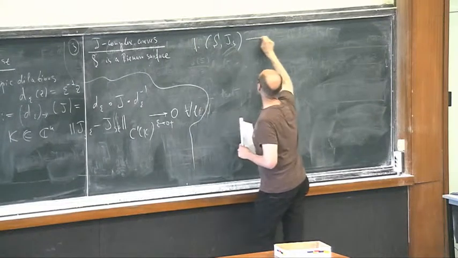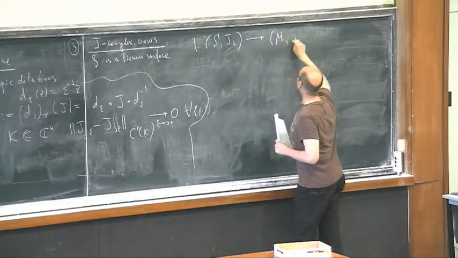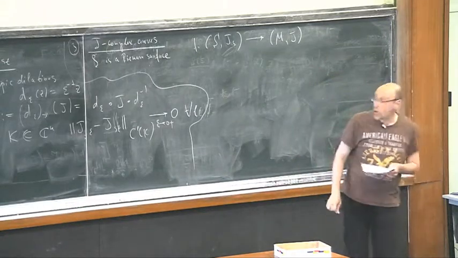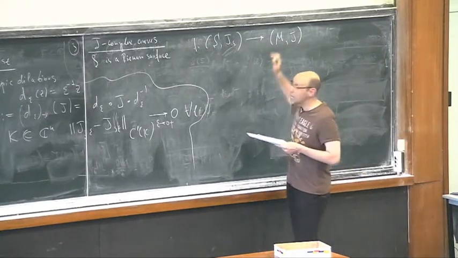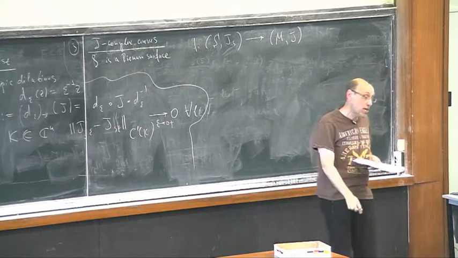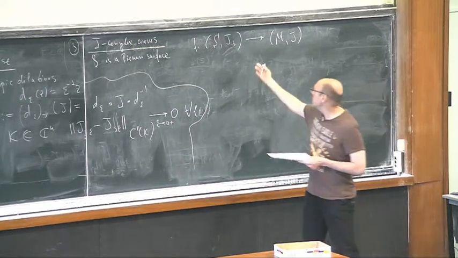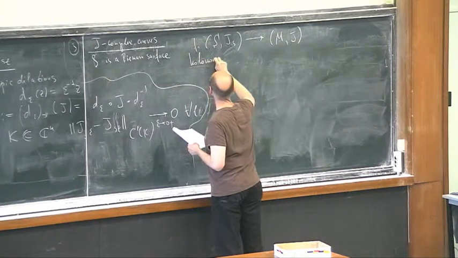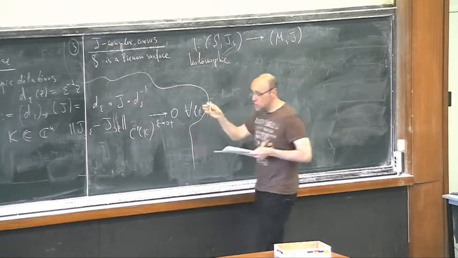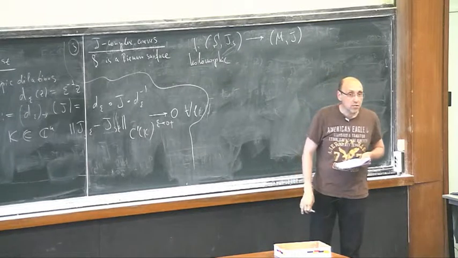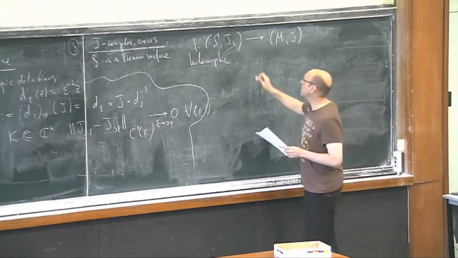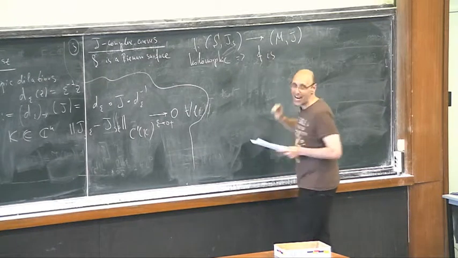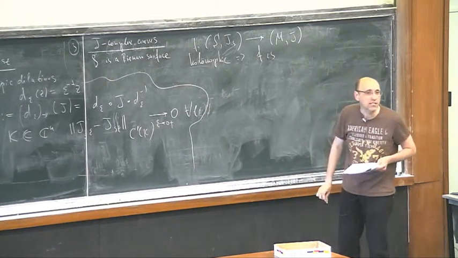So we have an almost complex structure here, and we consider a map F to some almost complex manifold M. If this map is holomorphic with respect to these two structures, in the sense of the definition which I introduced, then we say that F is a parametrized J-complex curve.